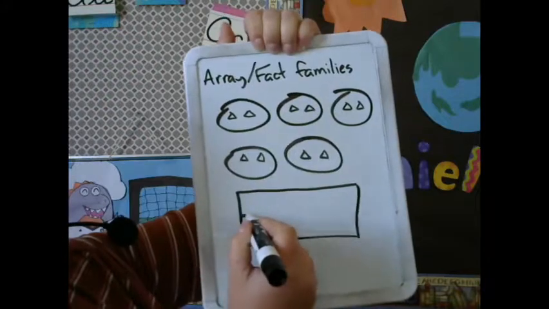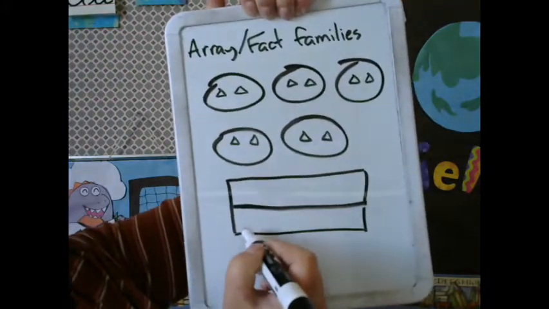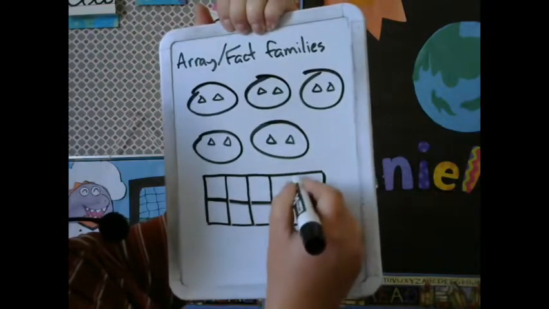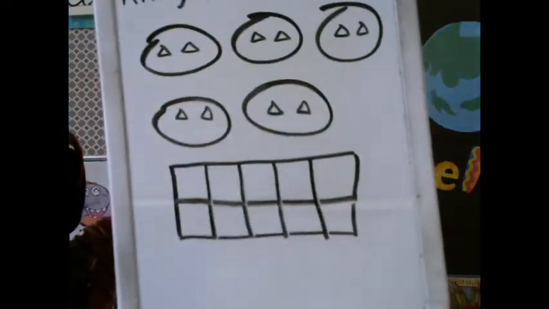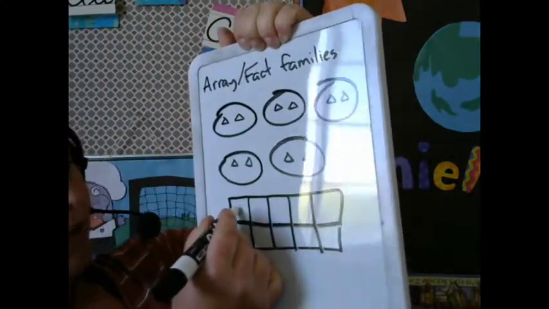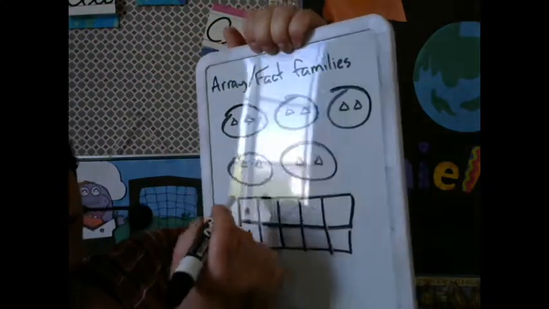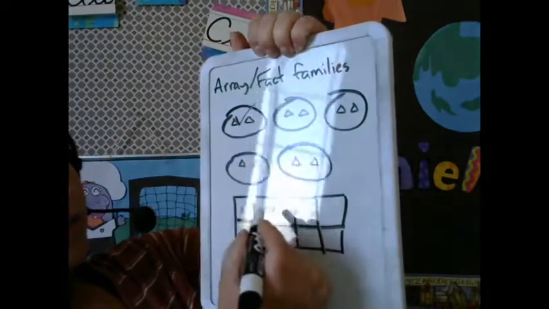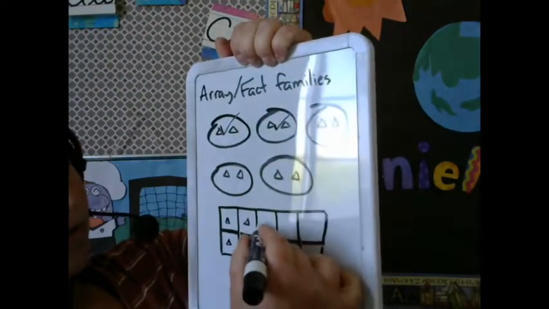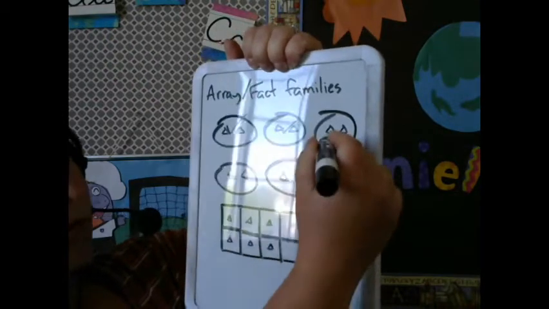Do you see right here, I've got 2 down, 1, 2, and 5 over, 1, 2, 3, 4. All I did is take these two, 1, 2, and put them here. You do not need to draw the triangles. This one, 1, 2. This one, 1, 2.